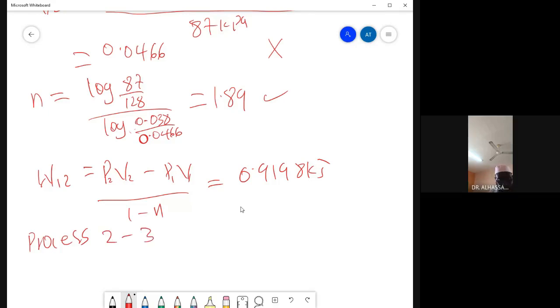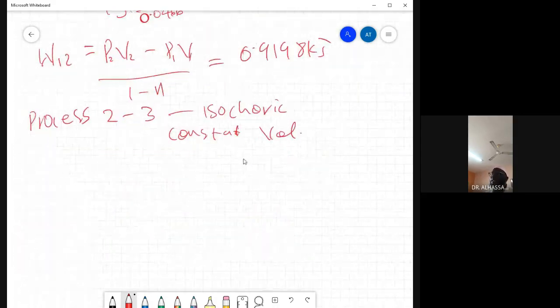Now we need to attend to process 2 to 3. That is isochoric, a constant volume process. For an isochoric process, who can tell us immediately?